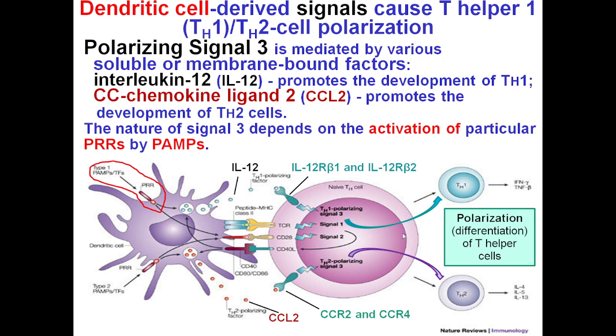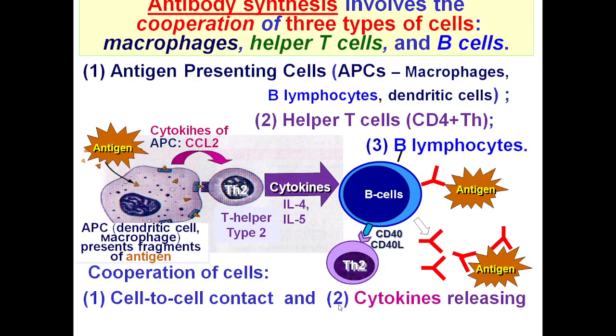And oppositely, the naive T helper cell would be stimulated to helper type 2 in the presence of an excess of interleukin 4, 5, interleukin 13, and of the CCL2 chemokines produced by different types of cells, trying to change the character of maturation of the naive T helper cell.